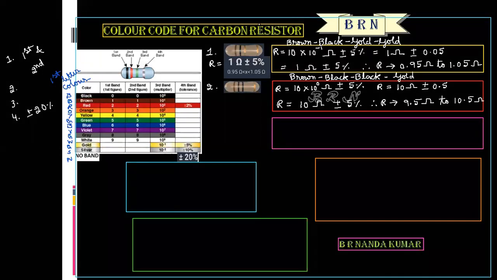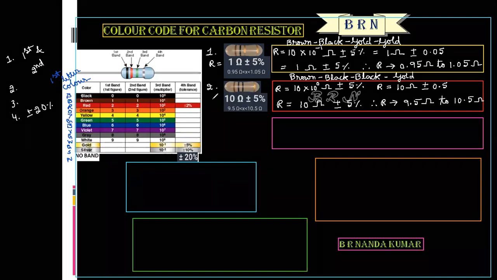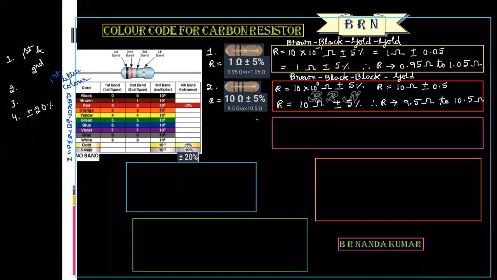Okay, what is the answer? That is R is equal to 10 ohm plus or minus 5%. The value of resistance lies in between 9.5 ohm to 10.5 ohm. Okay, now look at the next example.